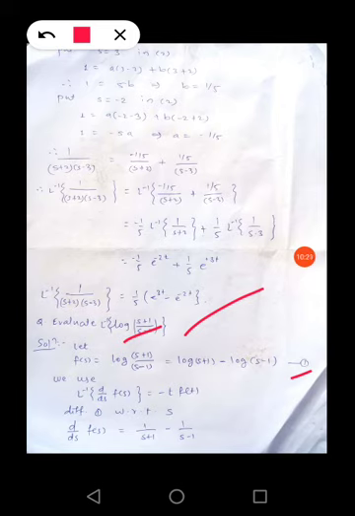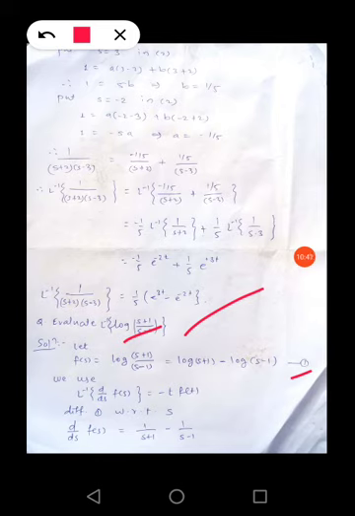Before going to the solution, we may assume that Laplace inverse f of s is equal to f of t. Okay, so this is by definition. No need to mention here. Now use the first property and solve the problem.